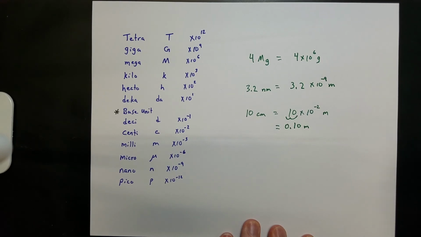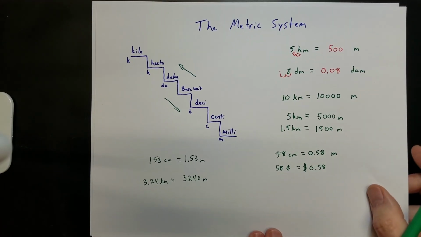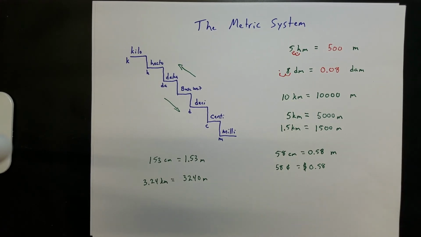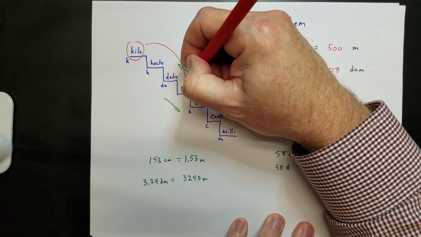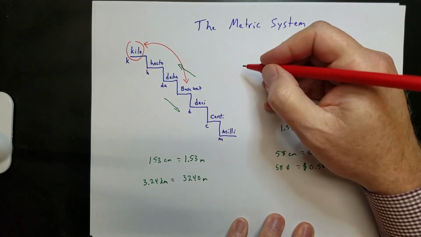Okay. So the main thing is being able to convert between your standard units. So being able to go from kilo down to your base unit or back up to your base unit.